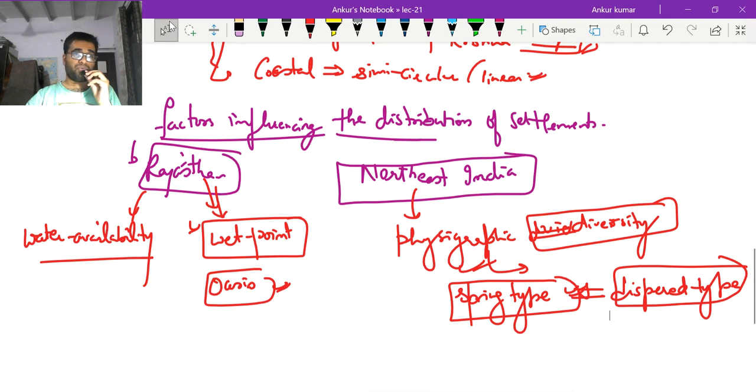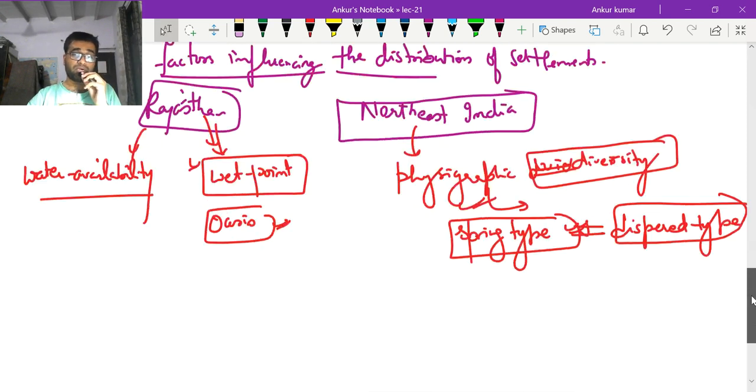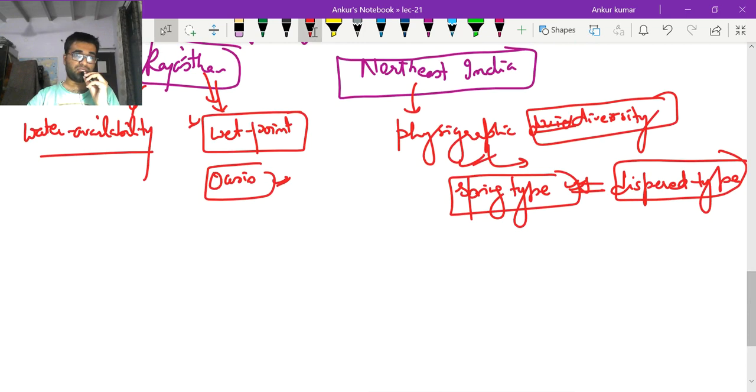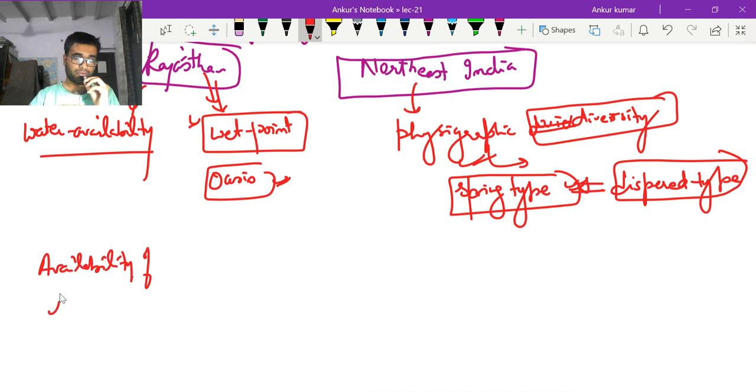Okay, moving on to the second point, the other factor that may influence the evolution of different types of settlements is the availability of land. See what happens in Rajasthan. Basically, in western Rajasthan there are sand dunes, and these sand dunes are migrating.